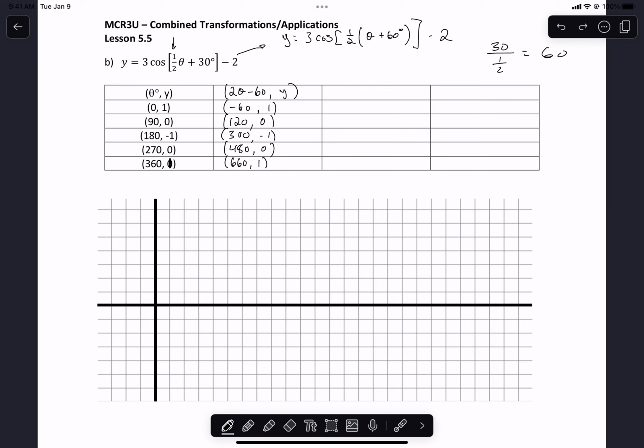And then the y, so how is the y getting affected? This is pretty much going to be your final mapping statement here, if you will. You're going to get 3 times the y values minus 2.